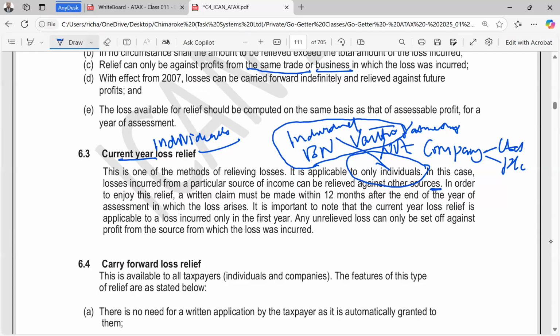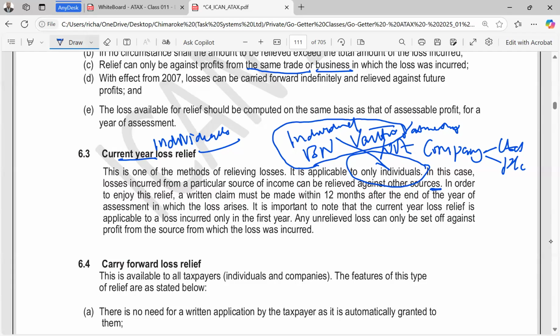I have discovered that I have a loss, and I want to do current year loss, so that I can relieve it against other income sources. I must write between January 1, 2024 and December 31st, 2025, telling the revenue service that the loss I made in 2023, I am going to net it off from the profit I made in 2023. I am not going to carry it forward. That's why it is called current year loss.